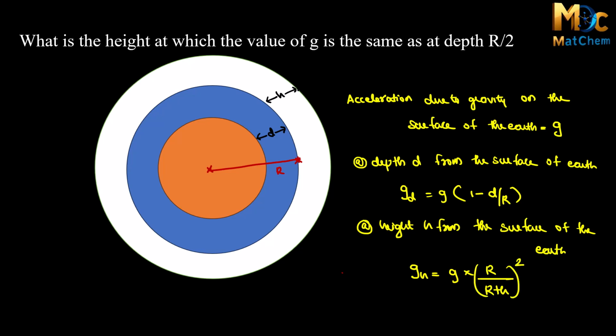By using all three equations, we will try to calculate the height at which the value of g is the same as that at depth R by 2. Whatever value of g you get at a depth R by 2, we need to find the height at which the acceleration due to gravity becomes equal to that.